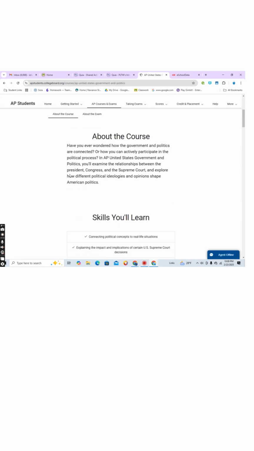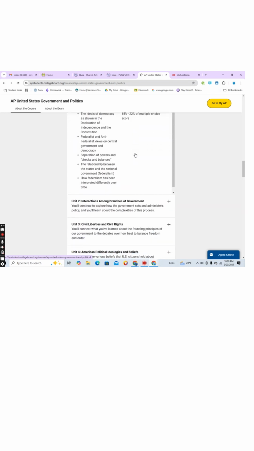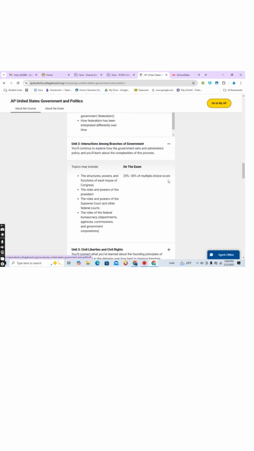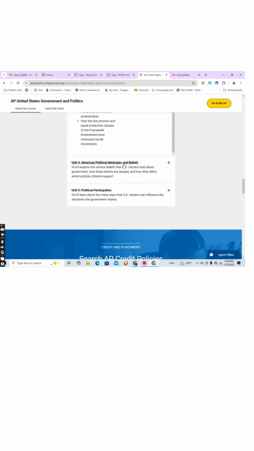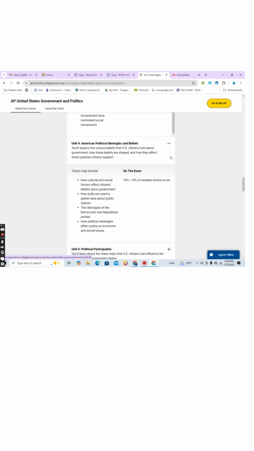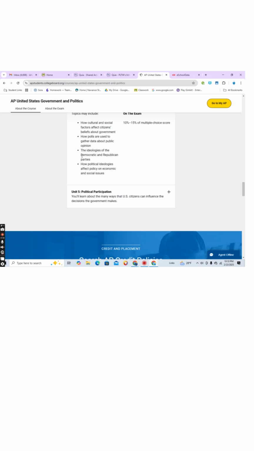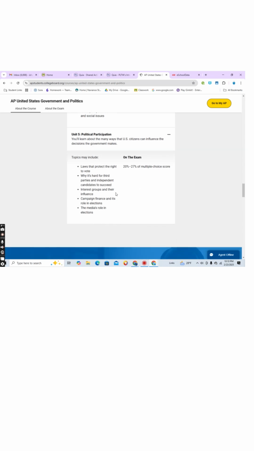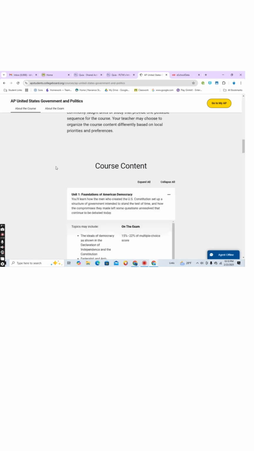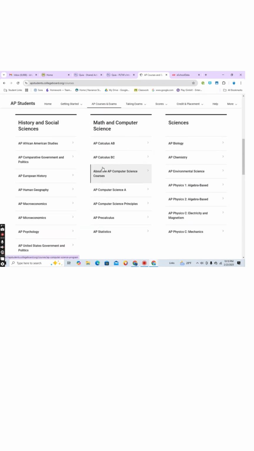Okay, AP US Gov. So basically, this is about how the U.S. government came to be, like the Constitution, the branches of government right here, civil rights, the Bill of Rights right there, and how the parties form, Democratic and Republican, and also how we vote and how U.S. citizens can change how the government runs based on who they vote for.